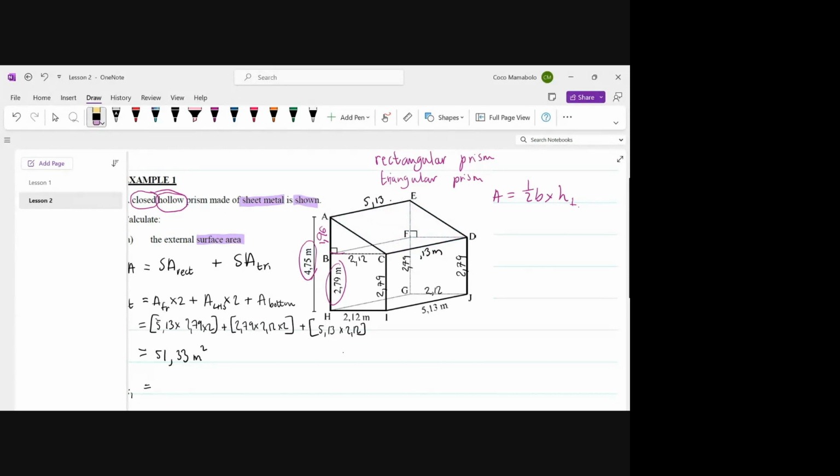This side that I'm looking for, let me do that in purple, is attached to my right-angled triangle.